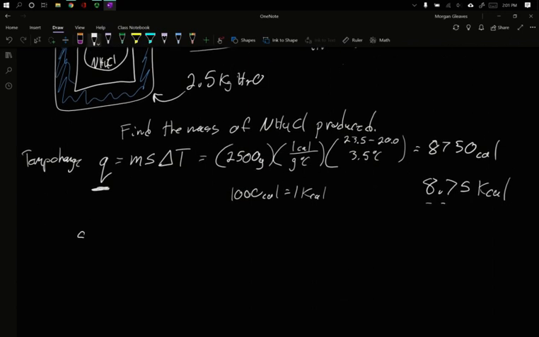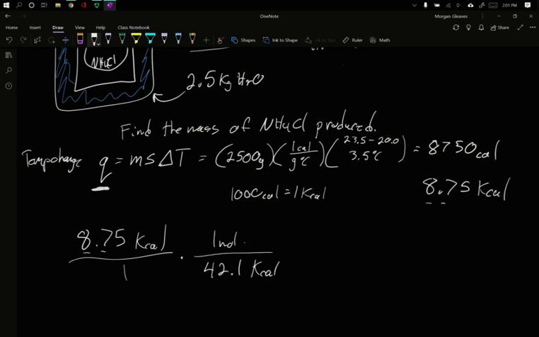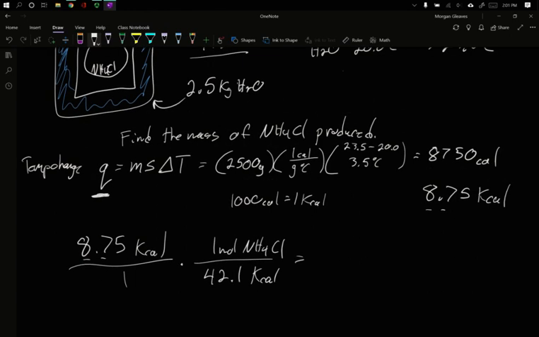So I take my actual energy, 8.75 kcal, and I say it should have been 42.1 kcal in 1 mole of NH4Cl, which nets us 0.2078 mole of NH4Cl.